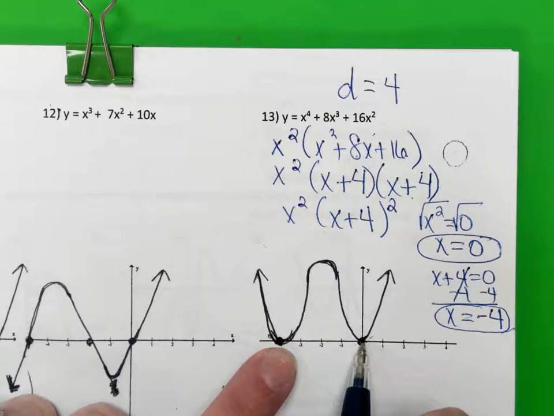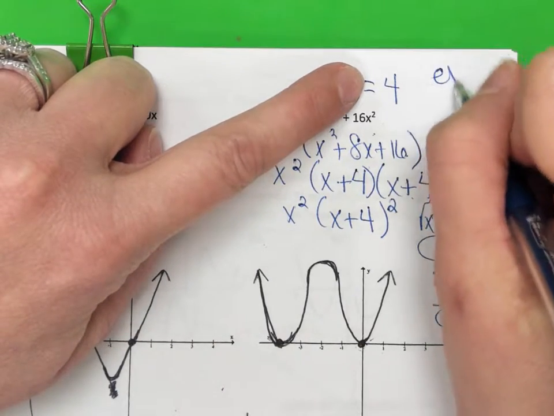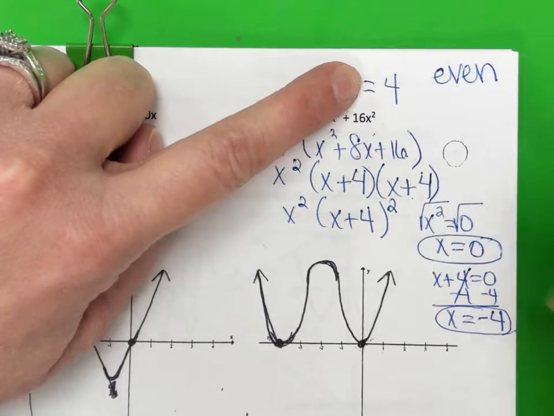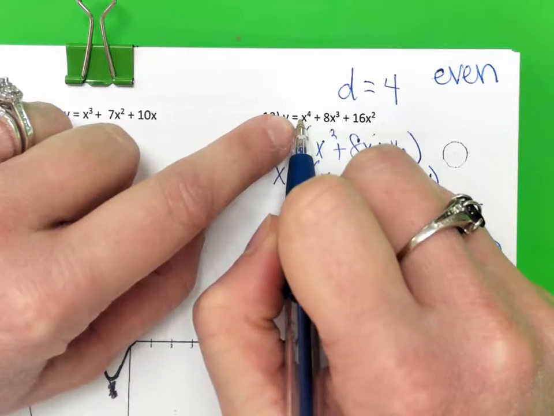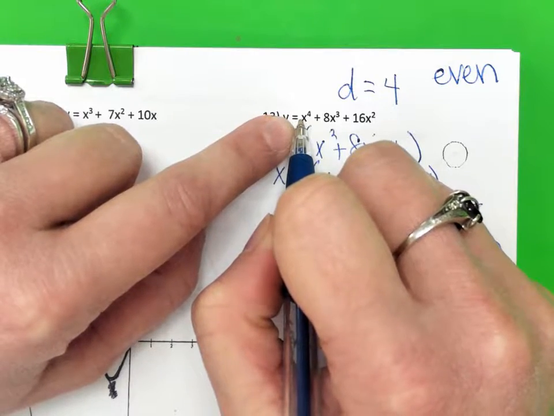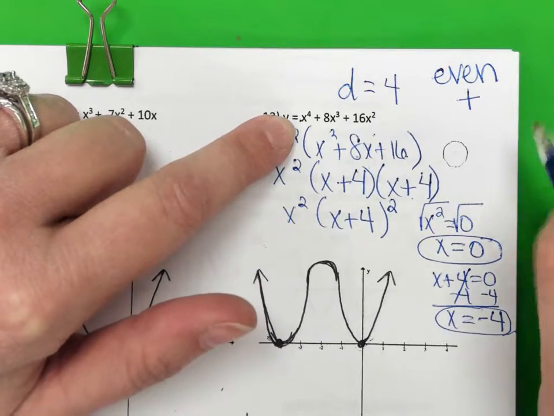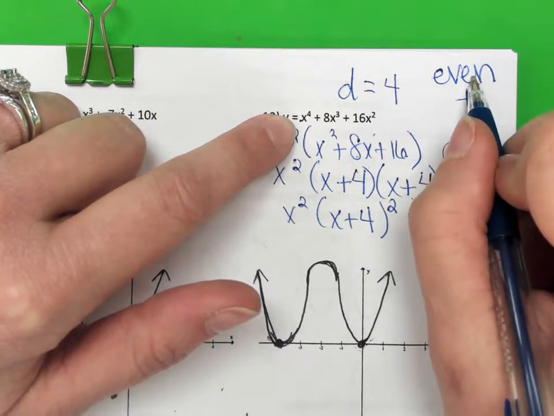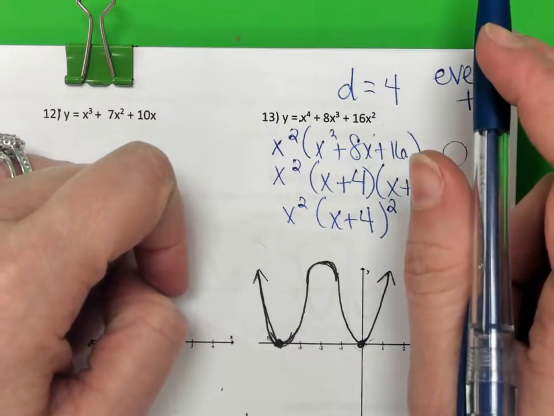All right, here we go. 2 things we have to know. First thing we have to know is that we have an even degree, so it's even. And our leading coefficient is positive or negative. Which one? Positive. I'm glad I have one person in class today. Woohoo! So if it's even and it's positive, what did it mean about even? Where did the ends go? Did they both go the same direction or different directions?